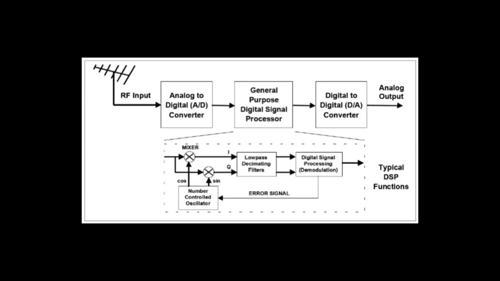As for the diagram, this is the basic functionality of a software-defined radio device, where what it does is it gets the radio frequency RF signals and converts those analog signals into digital.